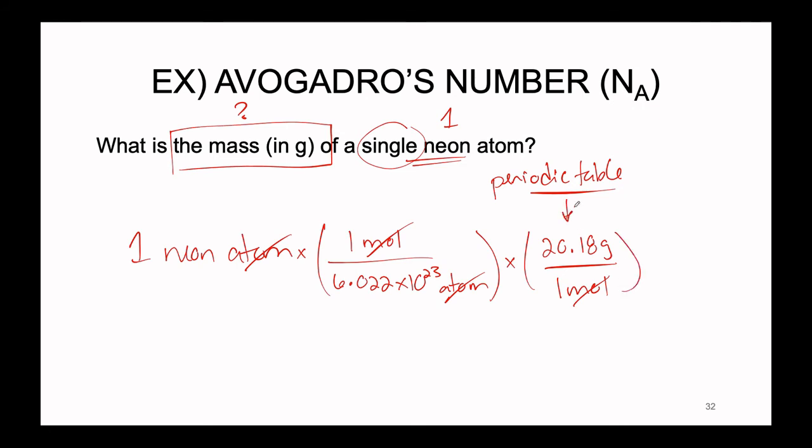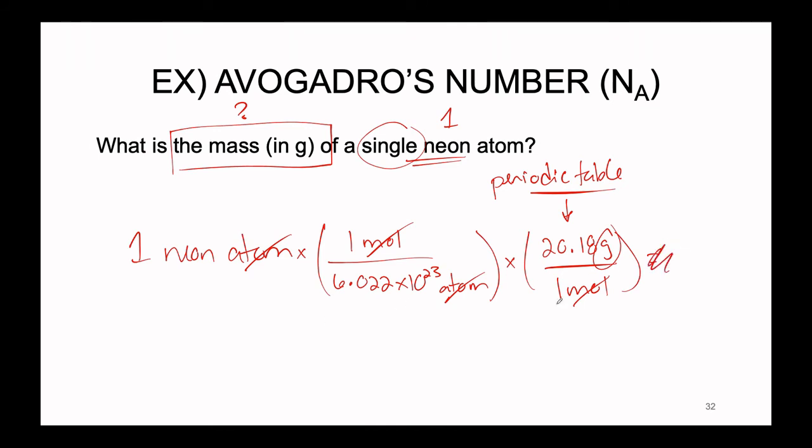So this is where this value comes from. The 20.18, again, is in the unit of grams per mole. So we're keeping the 20.18 with the gram. The mole is on the opposite side of the division line. Since we're trying to get out of the mole, that's going to go on the bottom. We can see moles now cancel out, since we have 1 in the numerator and 1 in the denominator. And the only unit that remains is the gram, which is the direction we are trying to move in.